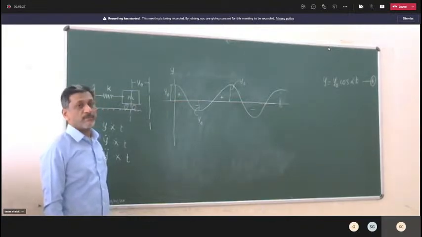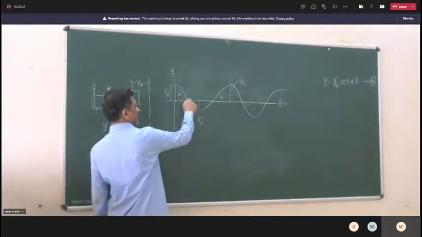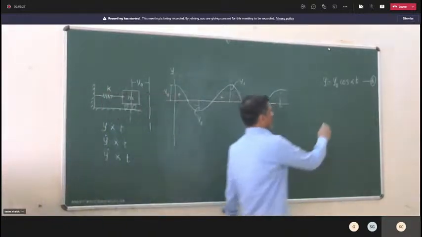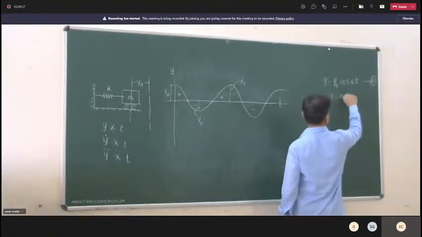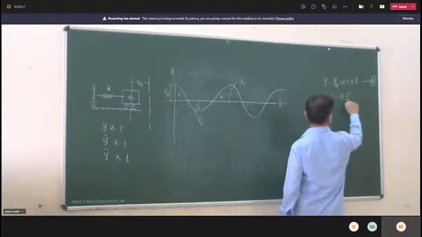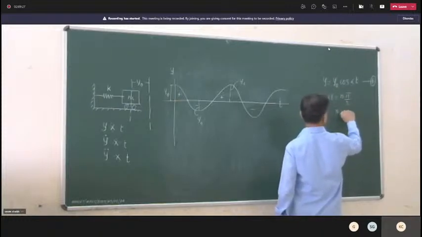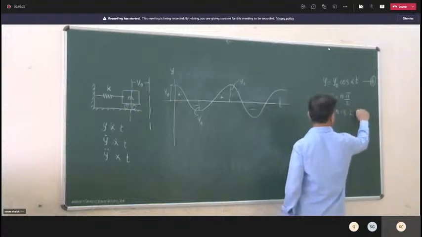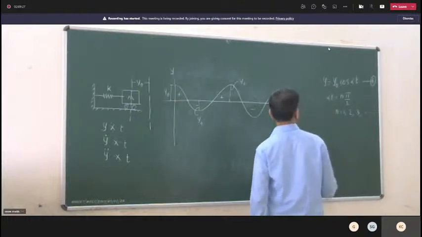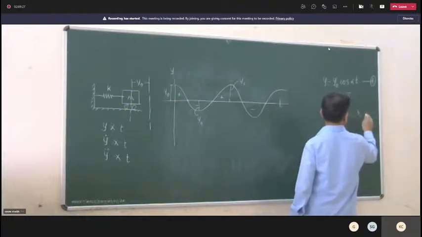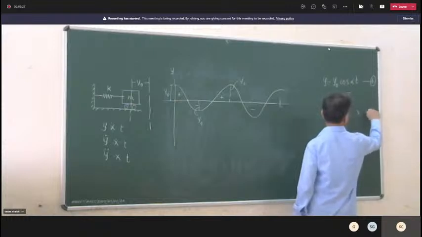When cos theta is 0, cos 90 is 0, cos of pi by 2 is 0. So when alpha t is equal to n pi by 2, where n is all odd numbers, 1, 3, 5, and so on.